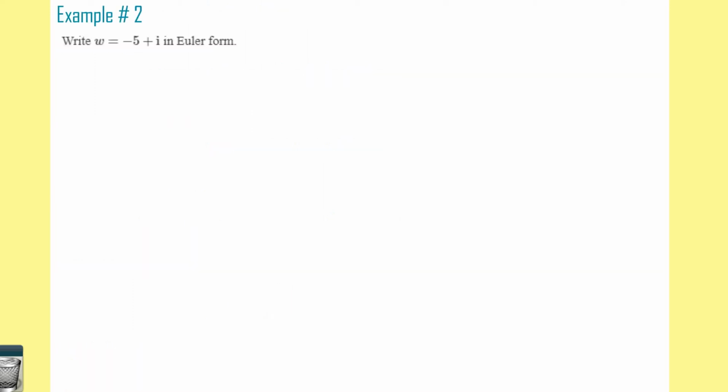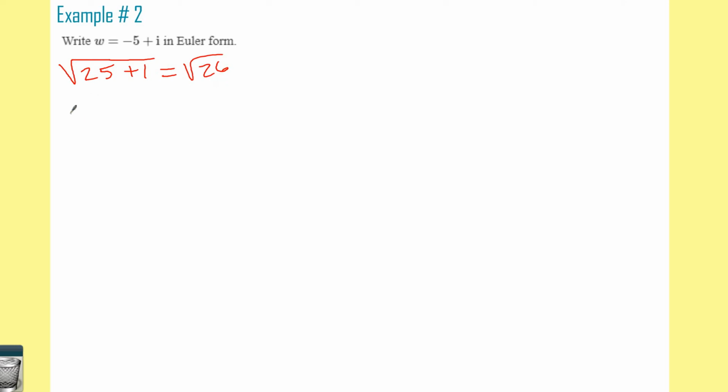So let's write this one in Euler form, so exponential form. First we need to find the modulus. So that's the square root of 25 plus 1, so that's just the square root of 26.